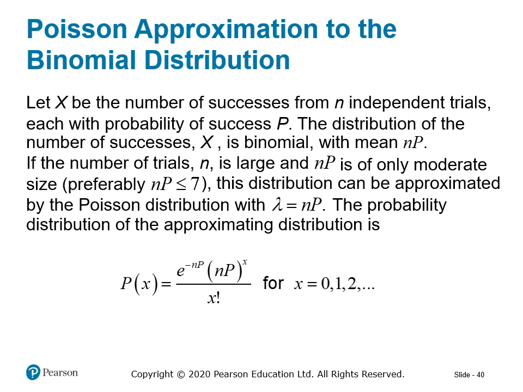Basically, this is taking lambda and making it np, as long as n times p isn't too big. I'm sorry, the Poisson distribution will approximate the binomial distribution.